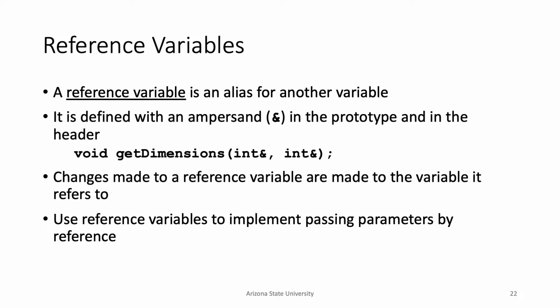So how do you actually do this? The way you do it is really, really simple. You go to the function parameters and put an ampersand in. So notice here, if we just had a normal function, we would just have int, comma, int. That would be a pass by value scenario. If we put the ampersand right here, that says we're passing by reference.